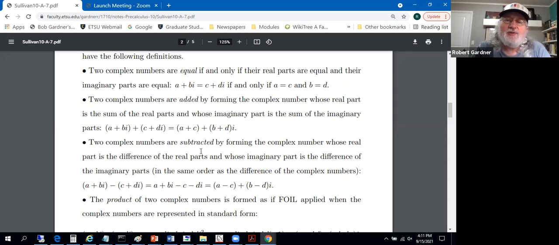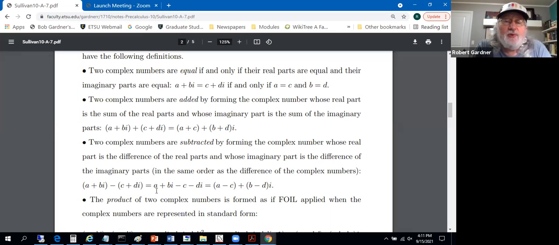If you wish to subtract two complex numbers, we'll do a similar thing. A plus bi minus c plus di would be, if you like, dropping the parentheses, a plus bi minus c minus di. It's a definition. It looks like we've distributed. Distribution properties will hold.